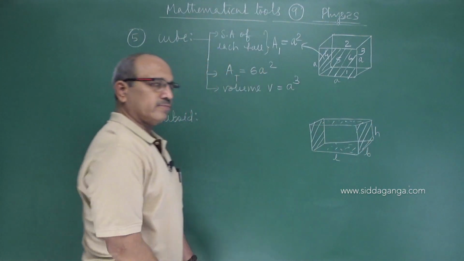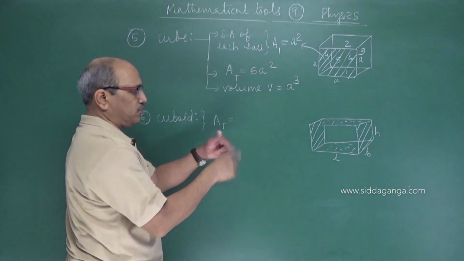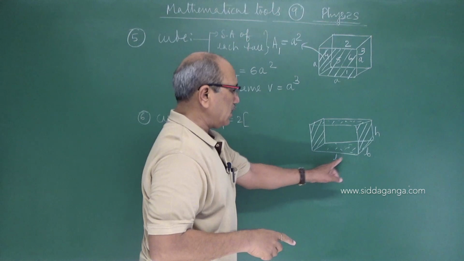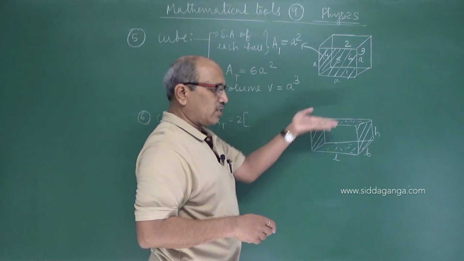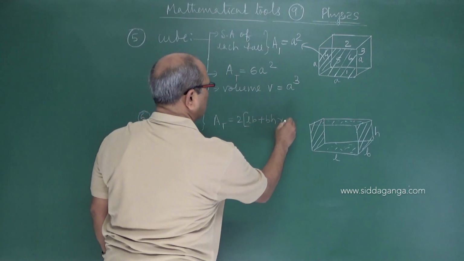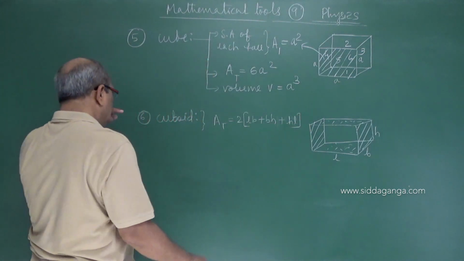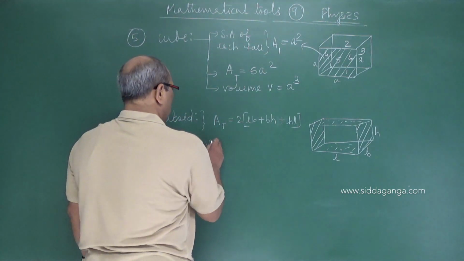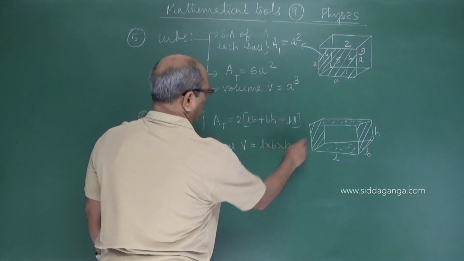Therefore the total surface area of this cuboid is 2 into, because there are two such faces, L into B gives the base, similarly B into H gives this, and H into L gives the other one. So 2 into (LB plus BH plus HL) gives you the total area of six faces. Volume is V equal to L into B into H.